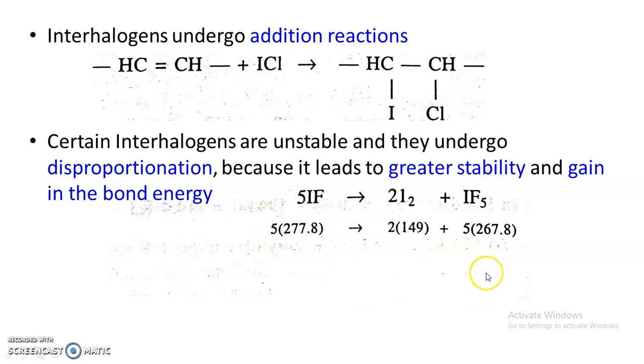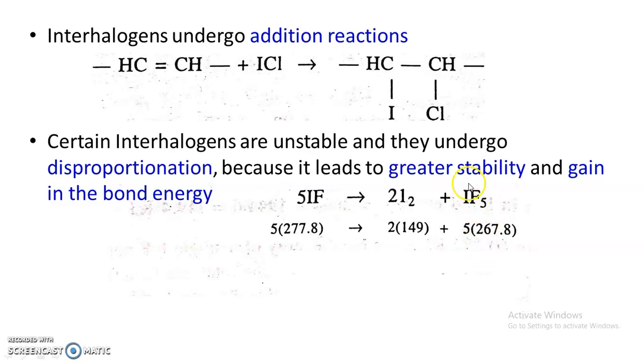This is for the reactant. For products, for 2 moles of iodine, it is 2 into 149. For 1 molecule of iodine, bond energy is 149, and therefore for 2 molecules of iodine, 2 into 149.